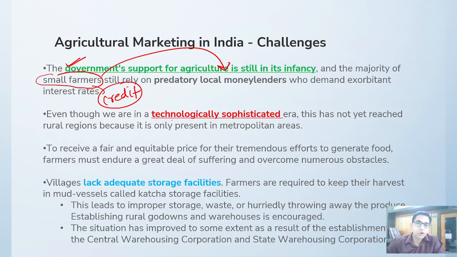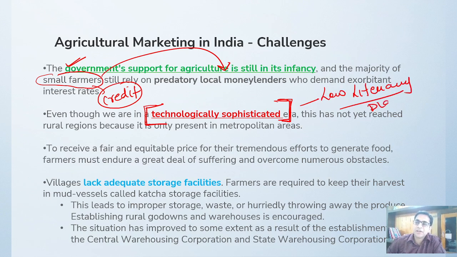Then technological sophistication: the technology is so sophisticated that even if somebody tries to understand something, it has not reached the rural area. The technology is still in metropolitan and town areas, but it has not reached last mile connectivity, last mile delivery. And even if it has reached, there is very low digital literacy, right?